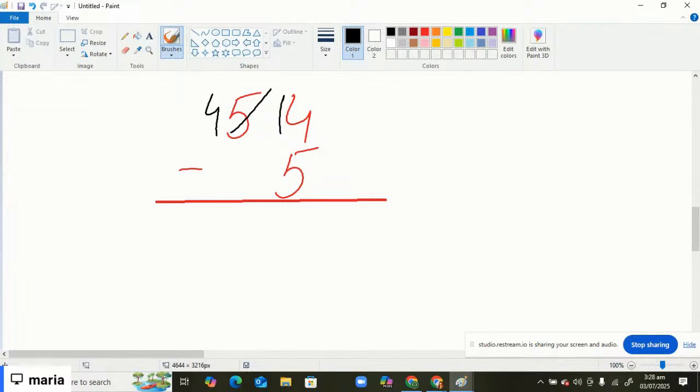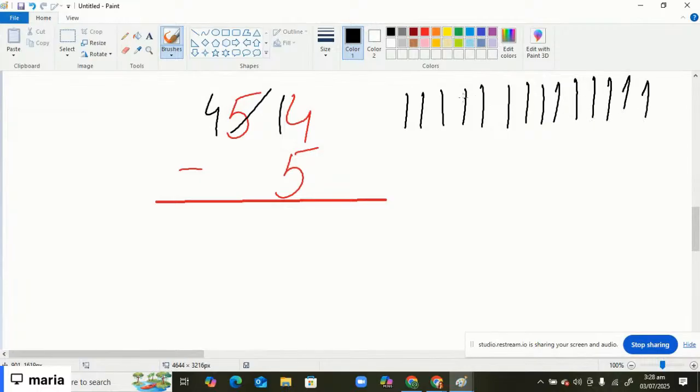Okay, let's do it together, okay? I'm going to draw 14 lines here. 1, 2, 3, 4, 5, 6, 7, 8. Now here we draw 14 lines. Now remove 5 lines. 1, 2, 3, 4, and 5. How many left? Just count it. Count with me. Now everyone count these. So this is 9, okay?